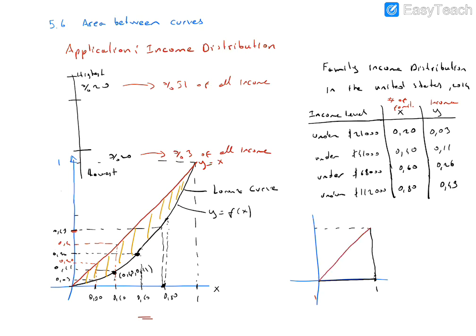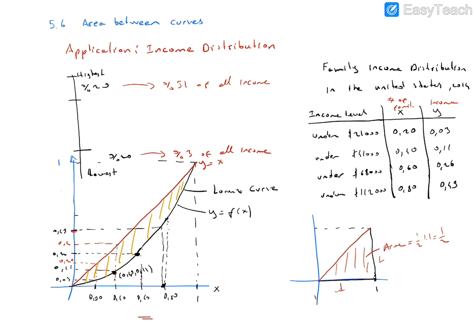So in that situation, what is this area? This unit is 1, this unit is 1, 1/2 times 1 times 1, so this is 1/2. Okay, so I would like to repeat, the maximum possible area between the Lorentz curve and y equals x is 1/2. The area of the triangle below y equals x, this triangle.